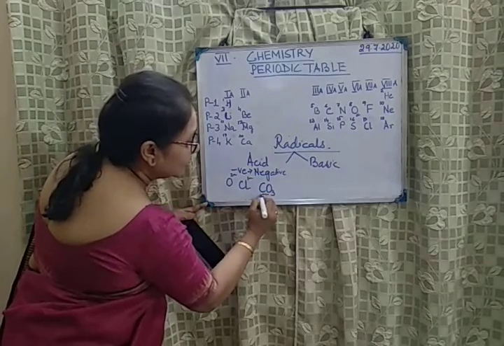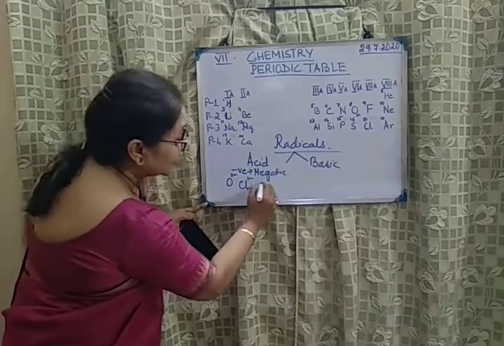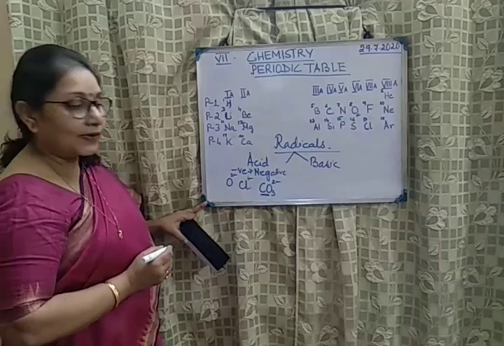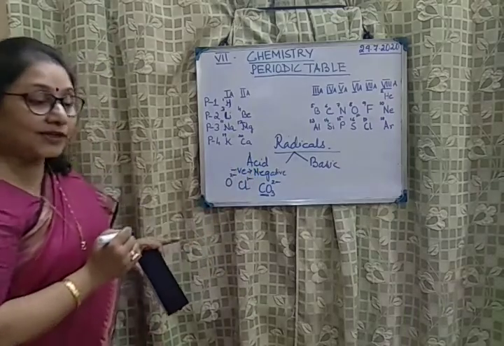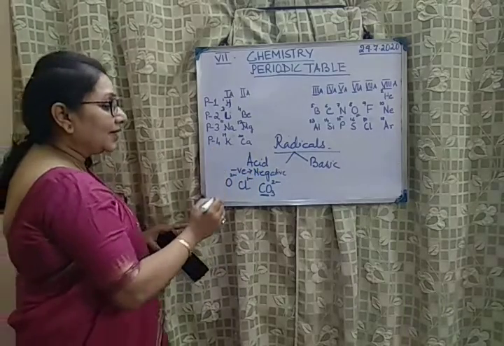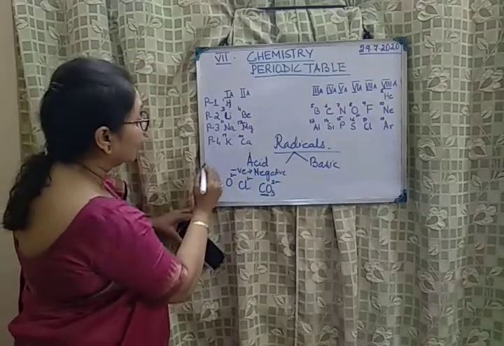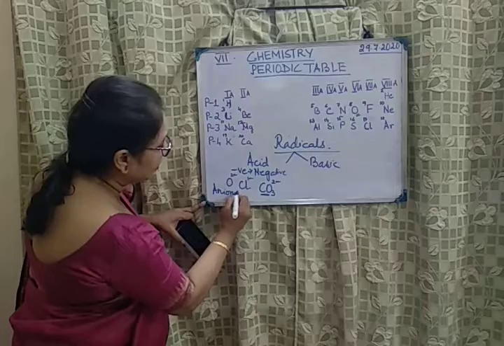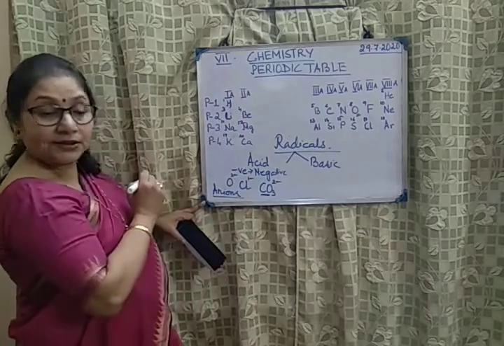This radical CO3 carries a total charge on itself which is 2 minus. Okay, this satisfies the first definition. The second definition: acid radicals are also called anions because they are negatively charged particles.